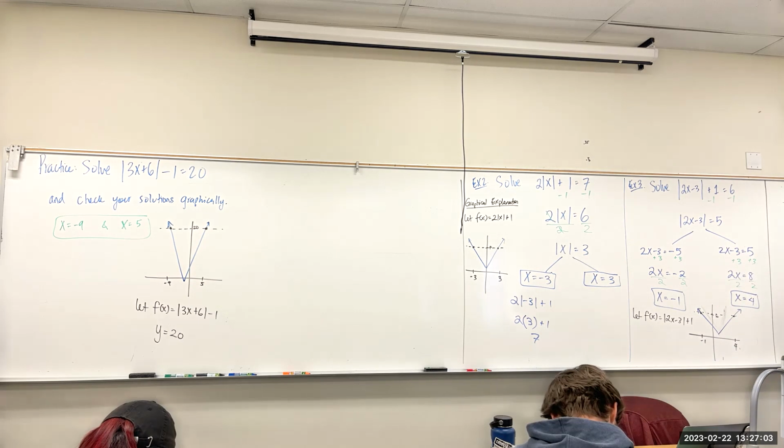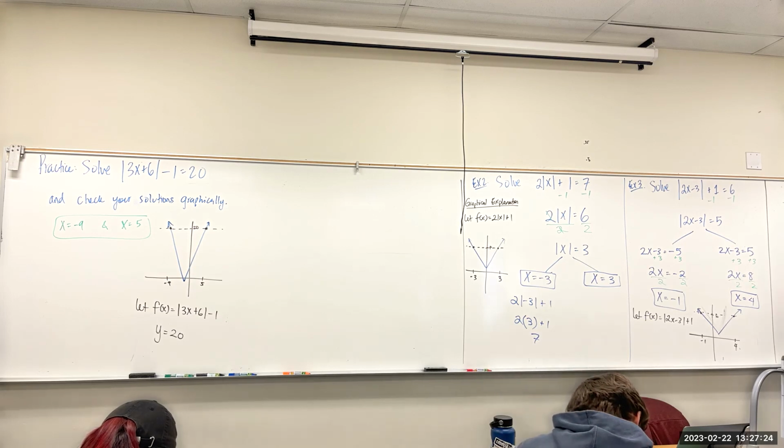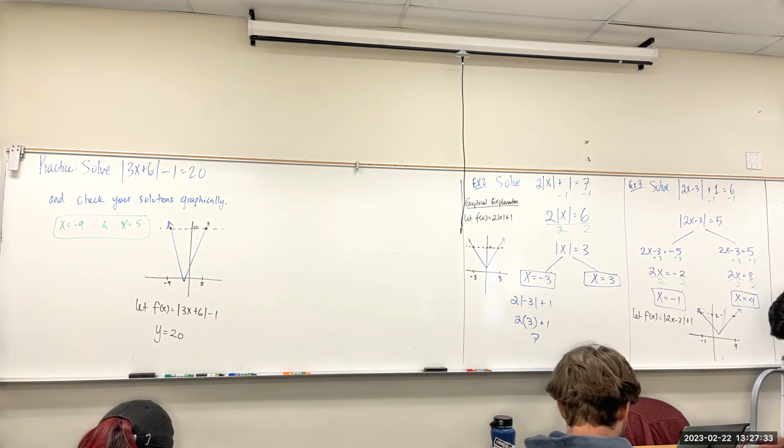I have to add something to it, so can I just bring it down and then subtract it? Unlike these ones, you don't have to move anything. This one is already isolated. You can't do that yet.